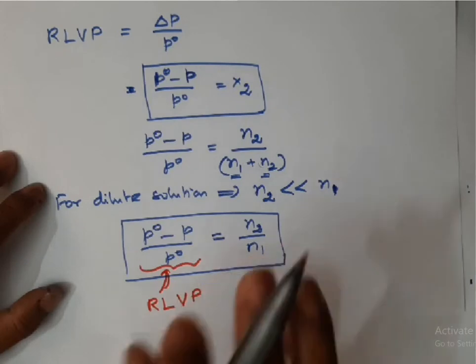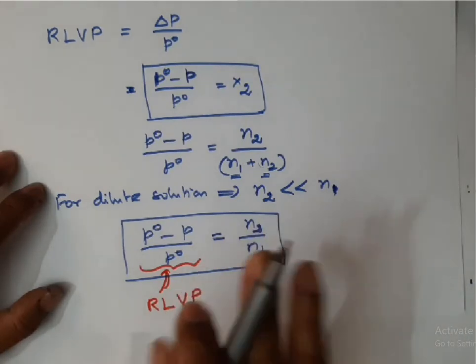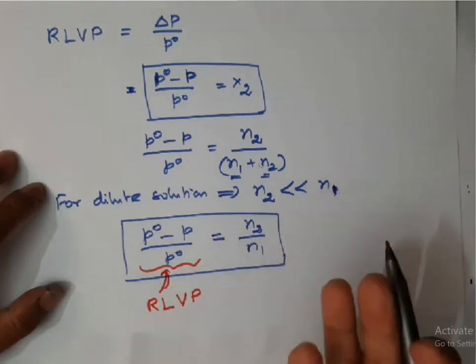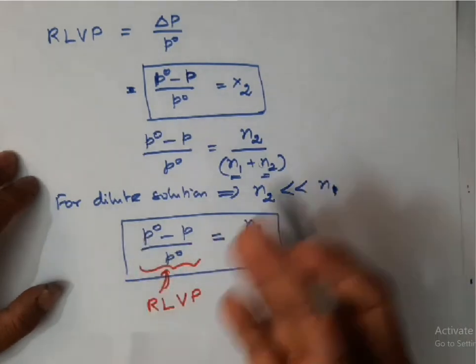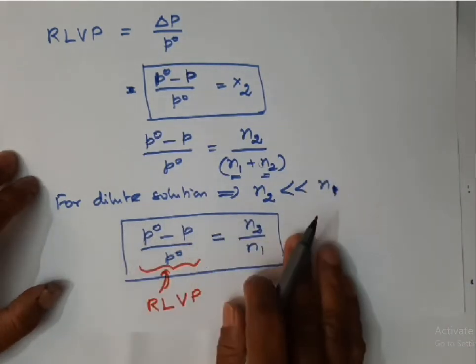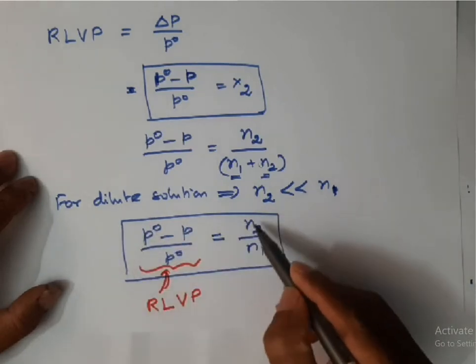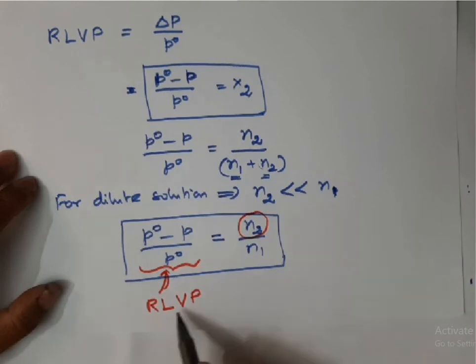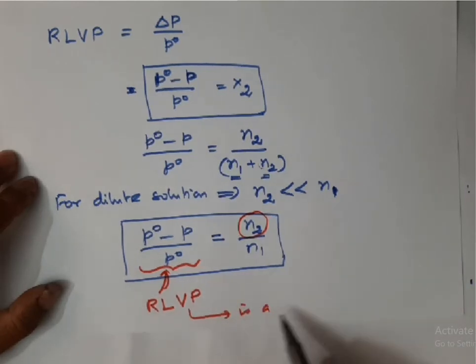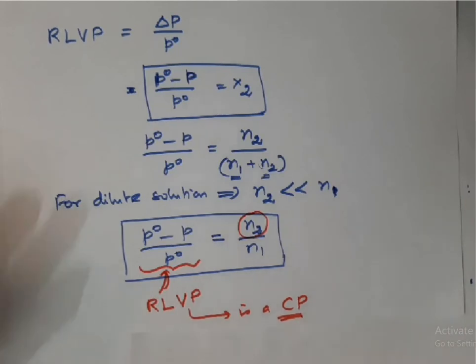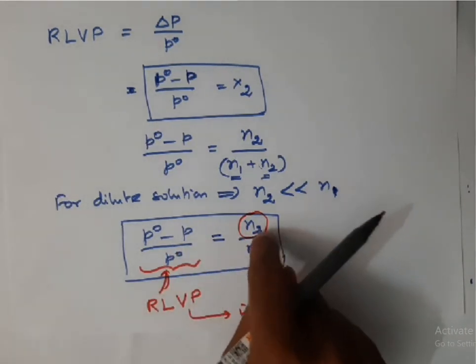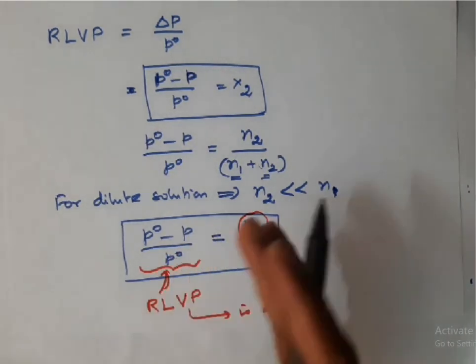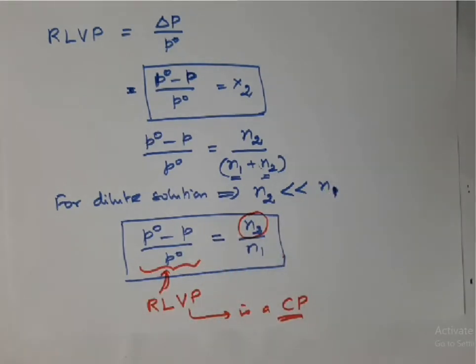We usually keep solvent as such, we usually take water as solvent, and the solute you can vary. So what does this indicate? Colligative property depends on the number of particles of solute. So relative lowering of vapor pressure is a colligative property because it depends on the number of moles of solute or number of particles of solute. Students, any doubt in this?